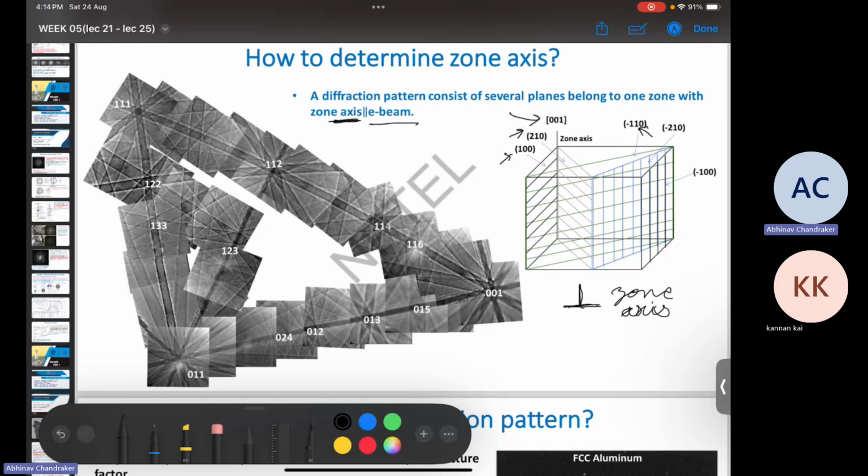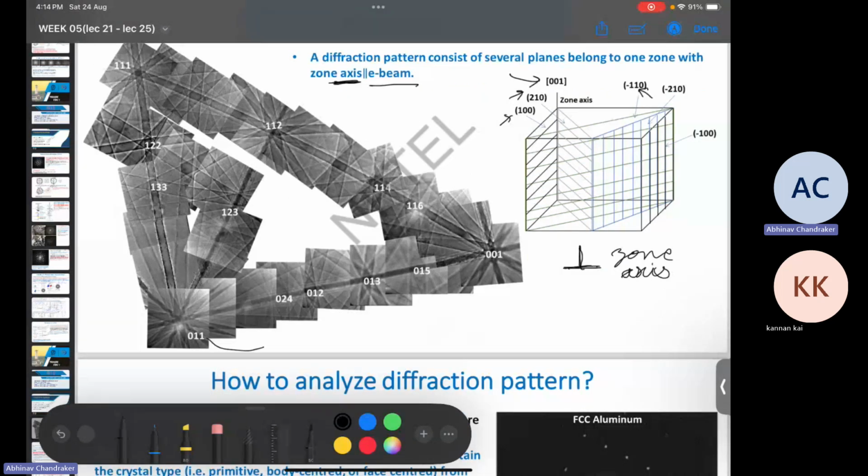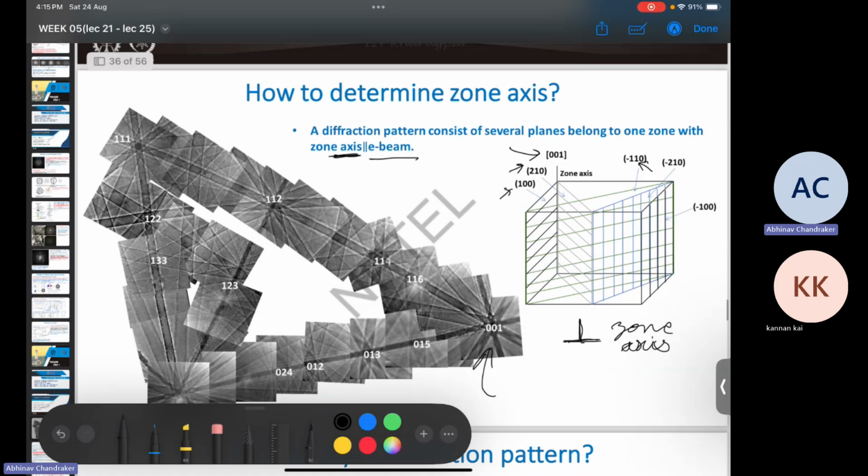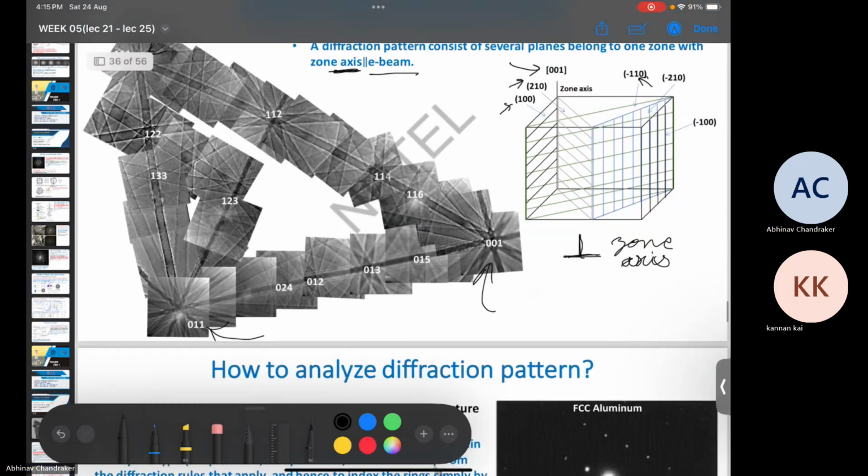So when you are doing a TEM, you will get these kinds of images, and we can see this kind of arrangement of lines or bands. Bands is a better term.